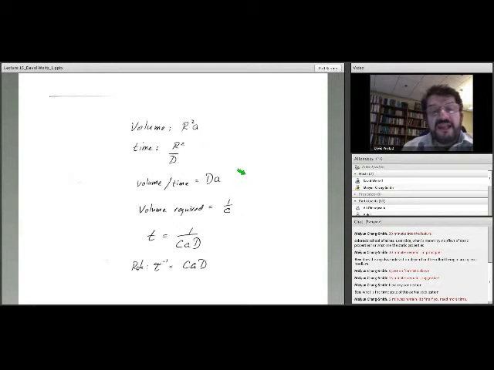You will get the same result if you calculate the flux of diffusing particles onto a sphere of radius a, and that's how this was originally calculated. But I thought I would just go through the physics of understanding this. So the rate, 1 over this time, is given by the concentration times the radius times the diffusion coefficient.